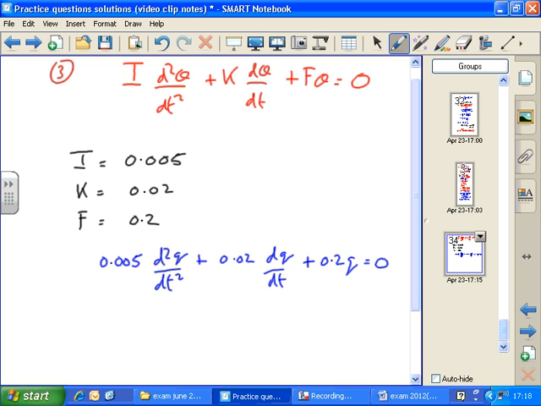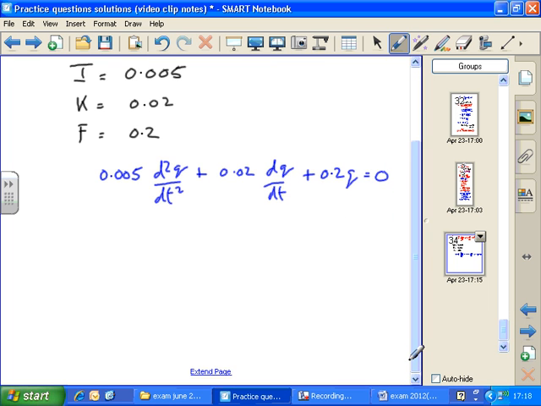So we can form our auxiliary equation, and we get 0.005 m squared plus 0.02 m plus 0.2 equals 0.